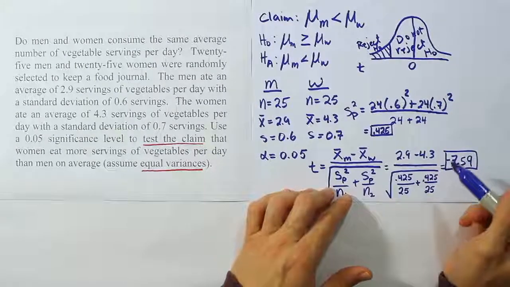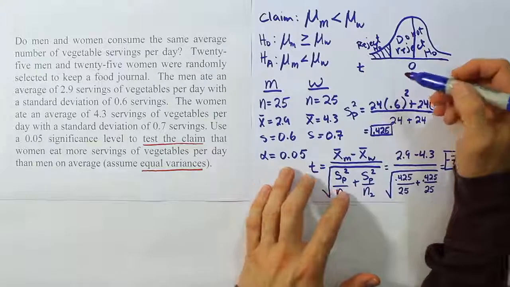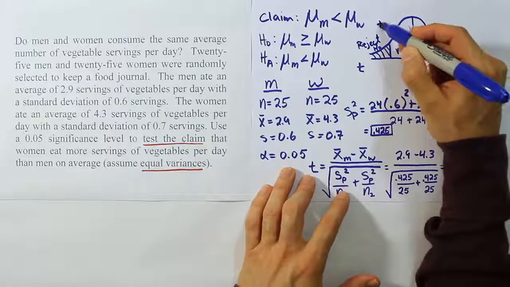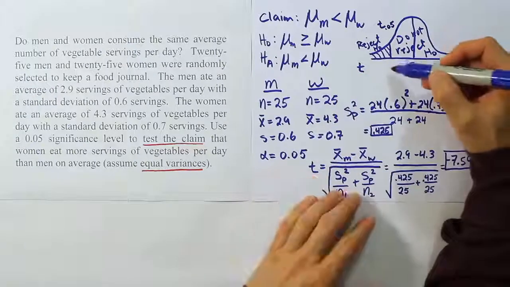All right, so let's go ahead and get our critical value. Since it's all in one tail, it'll be T.05. So we're going to have the full alpha put into one tail.